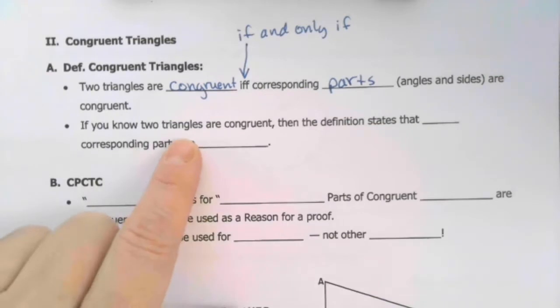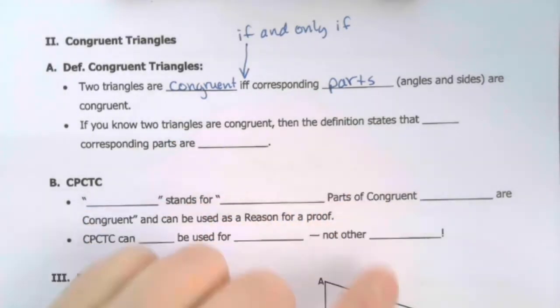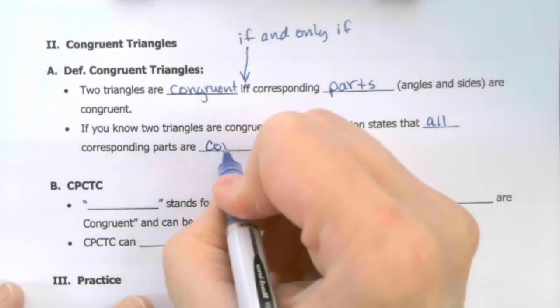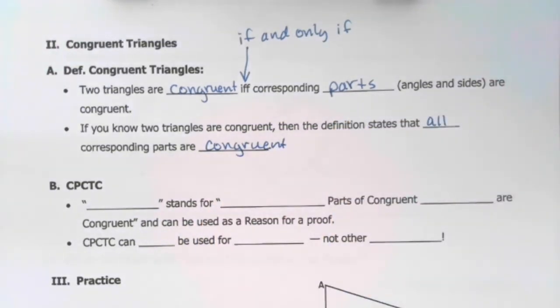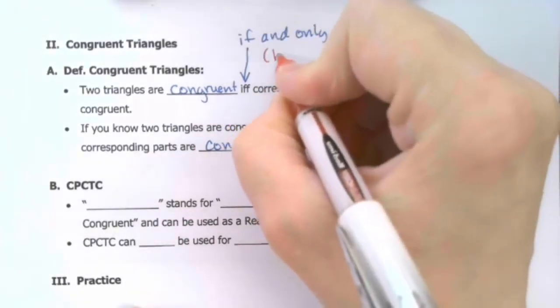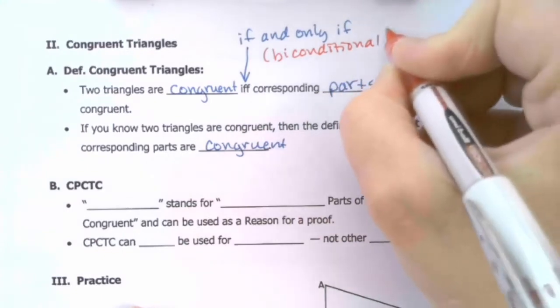If you know that two triangles are congruent, then the definition states that all corresponding parts are congruent. This is what's called a biconditional statement. If and only if signals a biconditional statement.